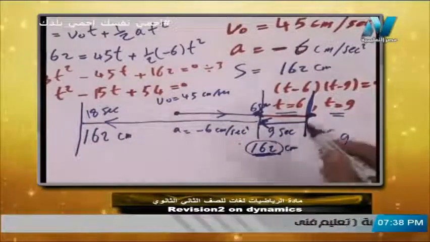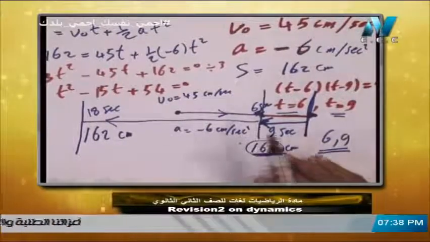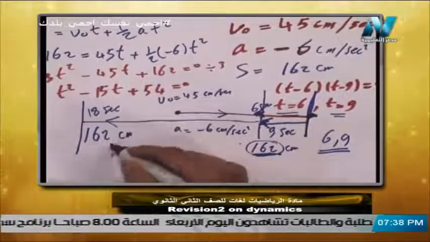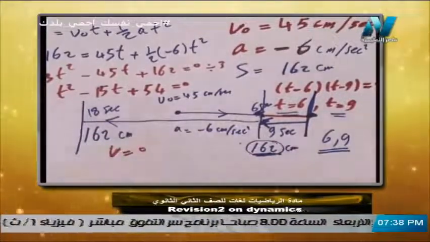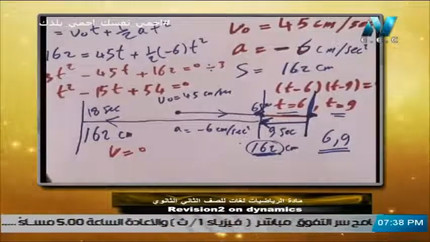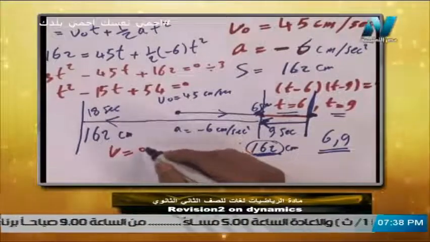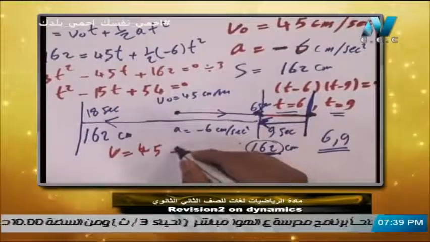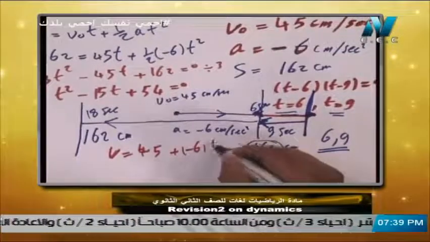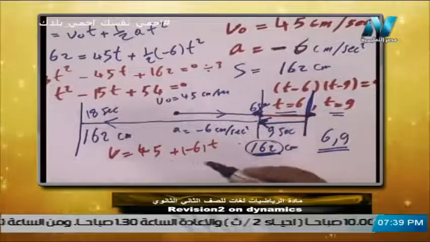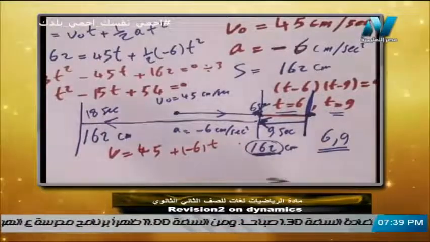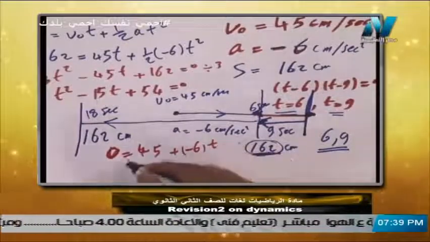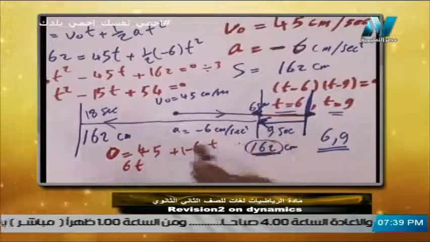To find out, of course and surely, the final velocity V equals 0. V equals 45 plus a t, which is negative 6t, and V we put equals 0. So 6t equals 45.